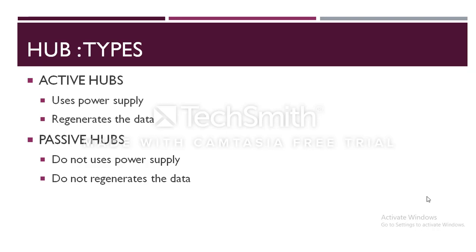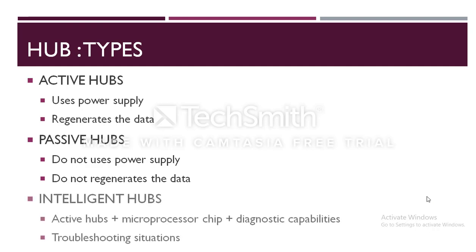It is used only to share the physical media. Intelligent hubs are sometimes called smart hubs. These devices basically function as active hubs, but also include a microprocessor chip and diagnostic capabilities and are useful in troubleshooting situations.